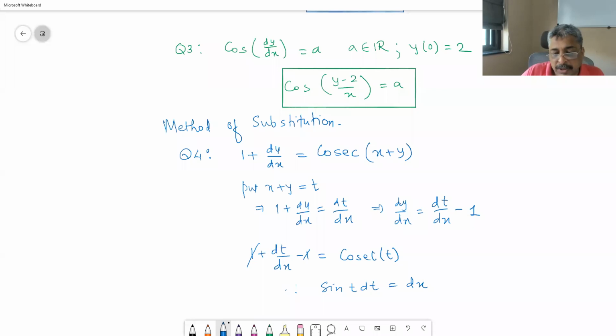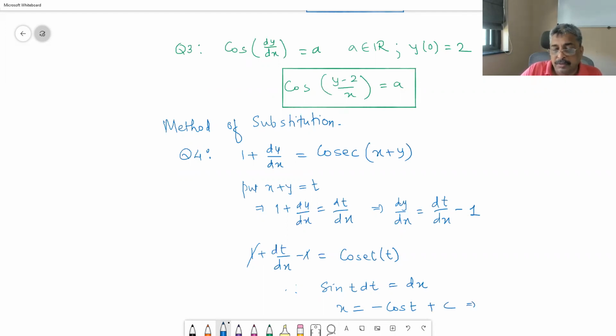Integrating both sides, correct? Sin t dt is equal to dx. Integrating both sides, you get x is equal to integration of sin t, which is minus cos t, plus c.